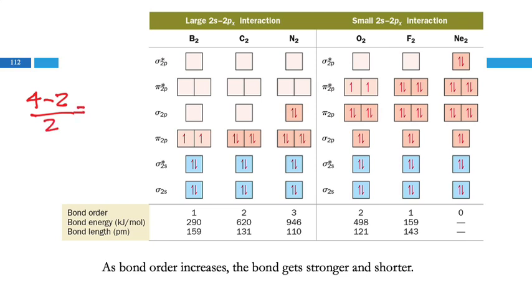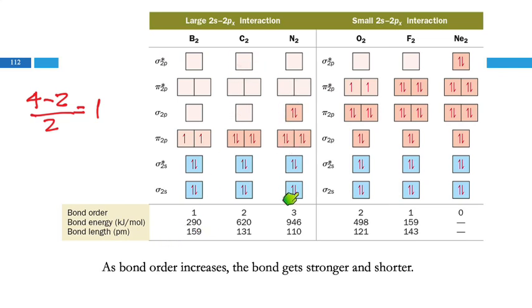And so that gives us a bond order of 1. When we move over to carbon, we're adding electrons in bonding orbitals, and so that increases the bond order. And going to nitrogen, again, we're still adding into bonding orbitals, and so that will increase it further to 3. The bond order corresponds to bond energy and bond length.